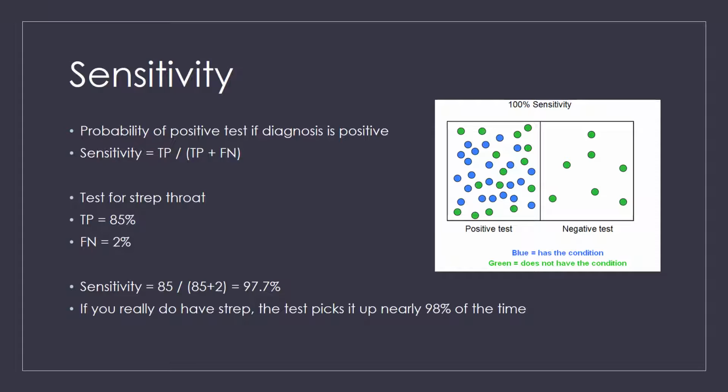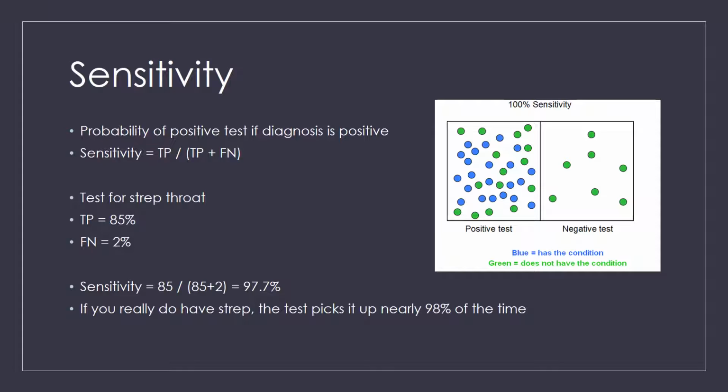Here's a visual for you. This would be a test with 100% sensitivity. So the blue dots represent somebody who really has the condition. Let's think of it as strep. And green are those who do not have strep. So for sensitivity to be high, all of the blue dots have to be in the positive test.